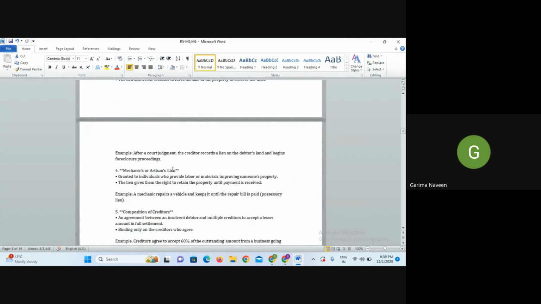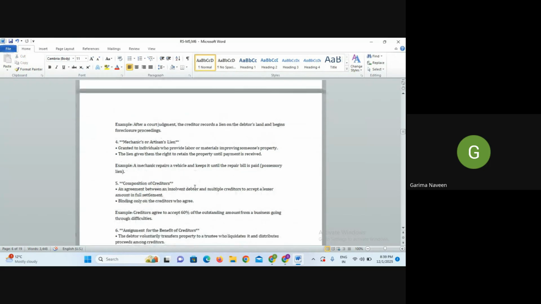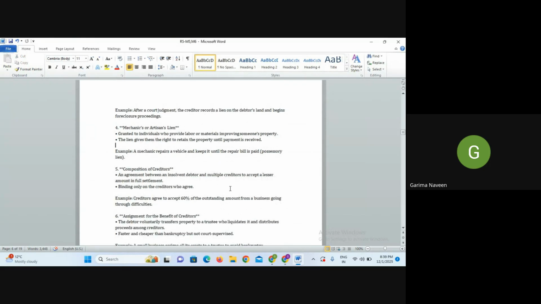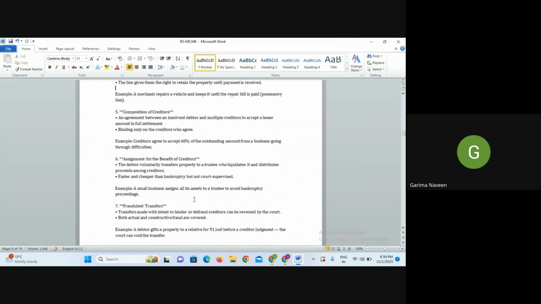Mechanic's or artisan's lien means if someone is providing labor to the other party and that party is not able to pay, they have the right to keep the property in their custody until they are paid. Composition of creditors says that if the debtor is not able to pay, then the debtor and creditor can make an agreement to settle for a lesser amount.